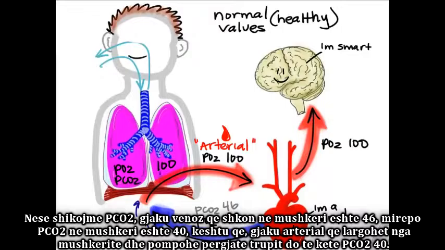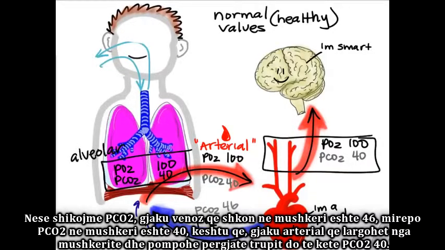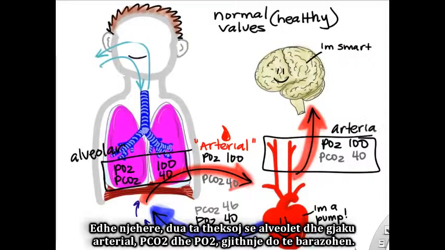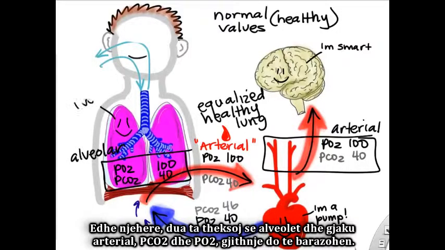If we look at PCO2, the venous blood going to the lungs has only 46, but the PCO2 in the lung is 40. So the arterial blood leaving the lung and being pumped through our body will have a PCO2 of 40. So again, I'm just pointing out that the alveolar and the arterial blood, PCO2 and PO2, will always equalize. They'll always be equal.